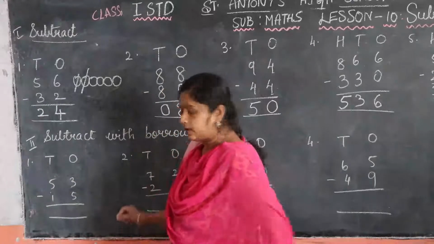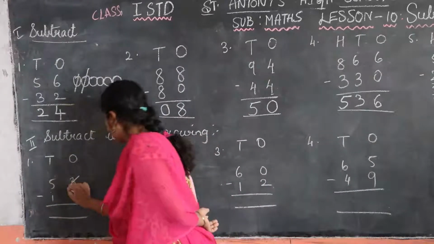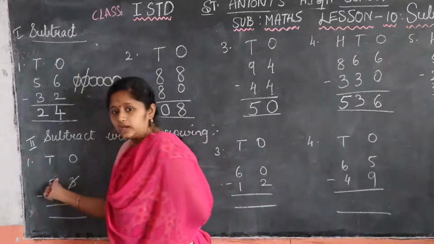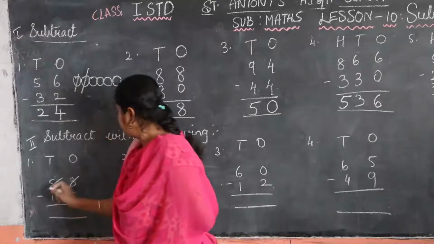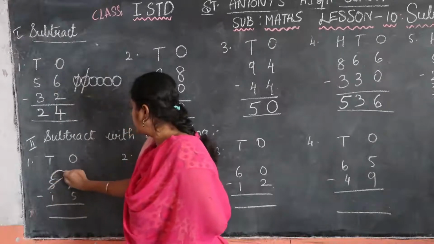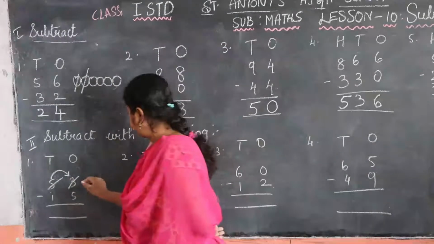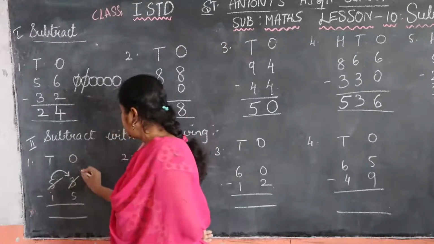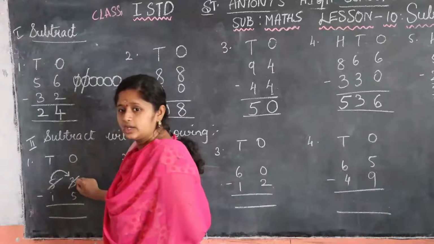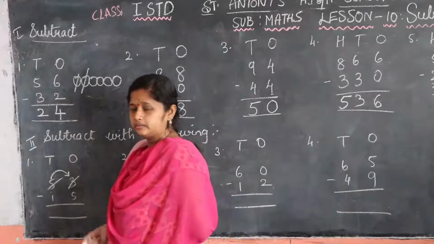Okay. So first we have to cancel this 5. We have to borrow 1 from the 5 to make this 3 a bigger number.